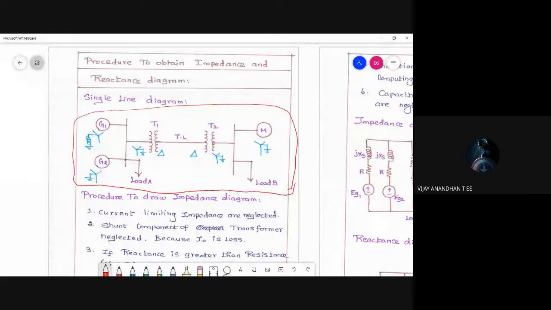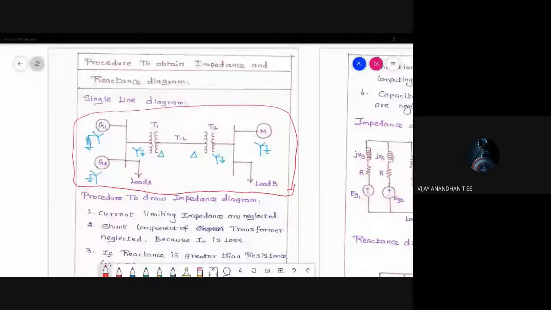Two generating sections, sir. Okay, fine. And then there will be three loads, sir, including the motor. Sorry, I have just disconnected.